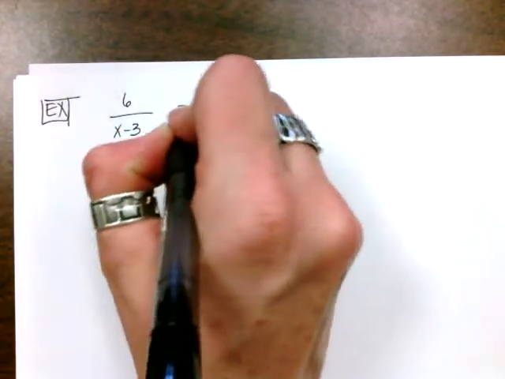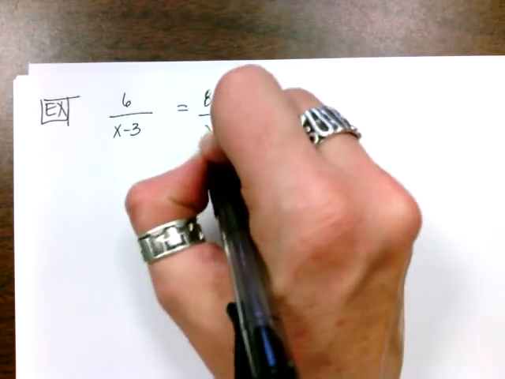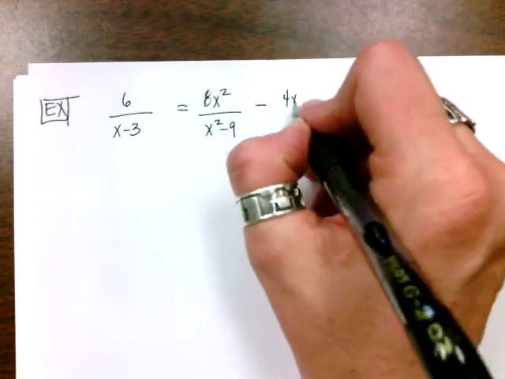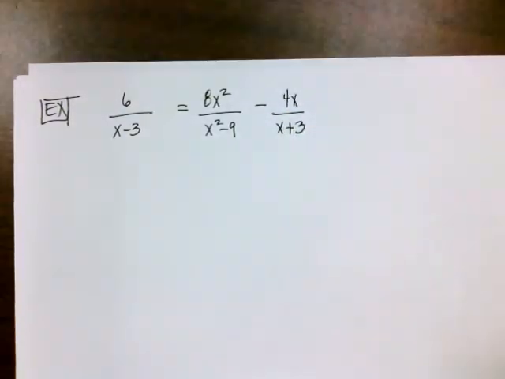So our last example. This one's going to have 6 over x minus 3 is going to equal 8x squared over x squared minus 9 minus 4x over x plus 3. Okay? All right, so there's a couple of different ways I can do this.